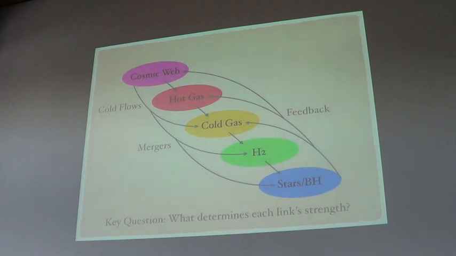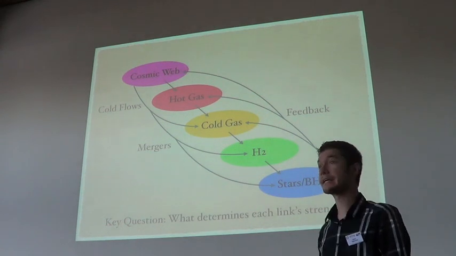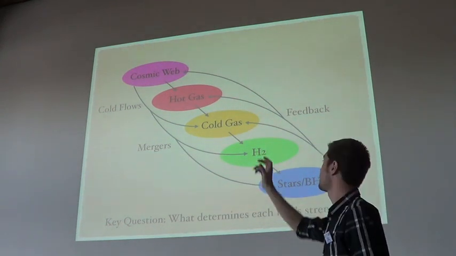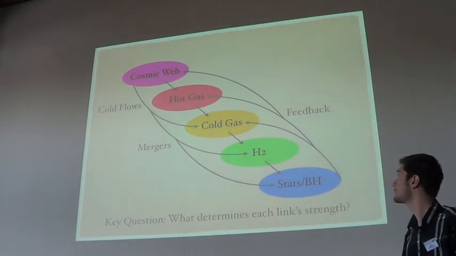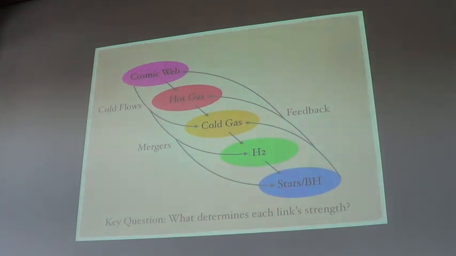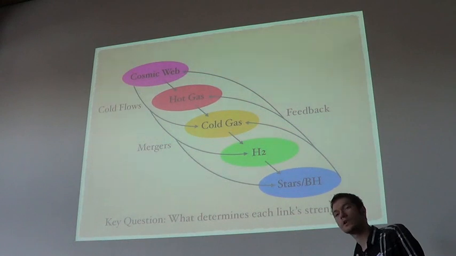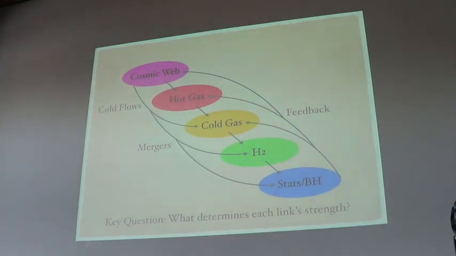What we study with galaxy formation is: what are the strengths of these links? What is the importance of these different paths of material flowing from the cosmic web into and out of galaxies? Using this diagram, I'll talk about several important results over the past year or so in galaxy formation about what sets the strength of these links.